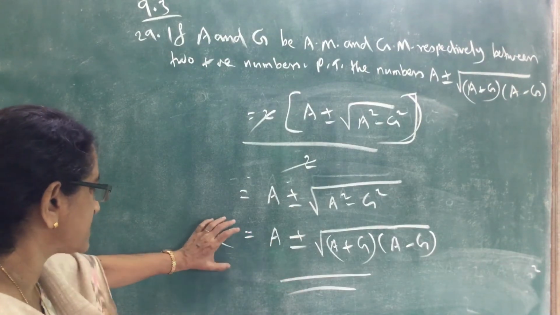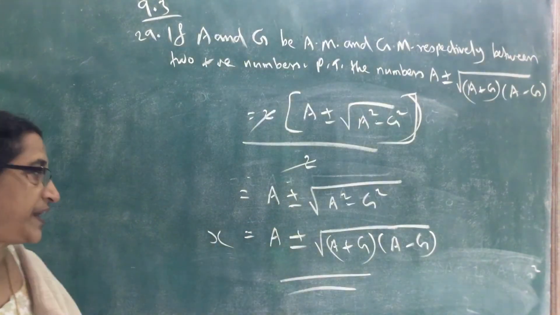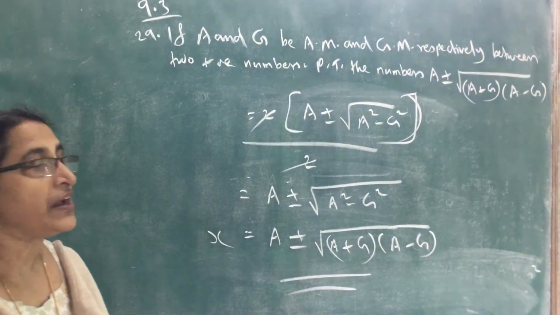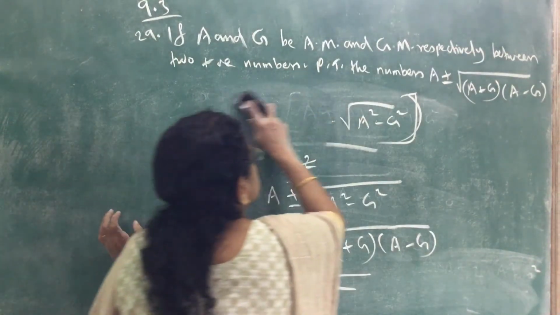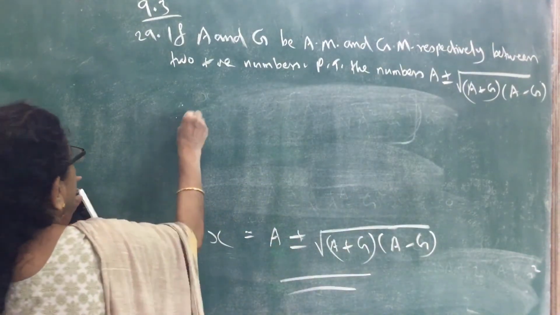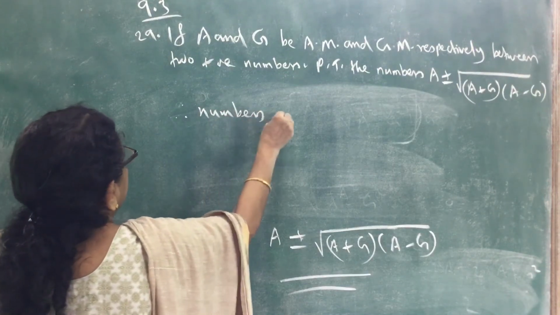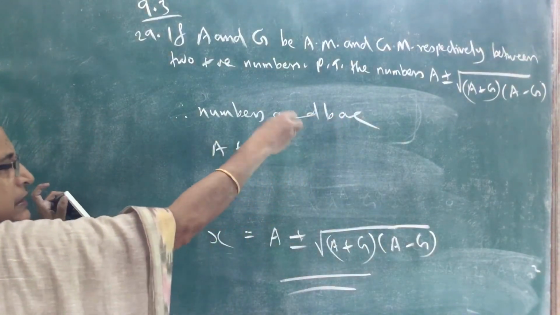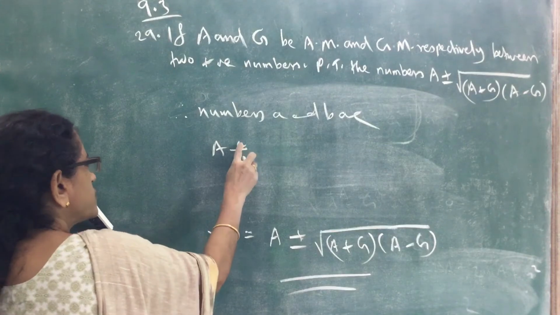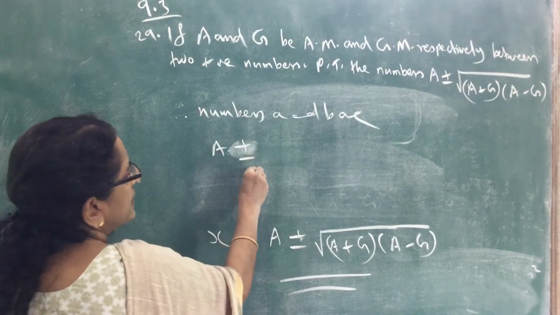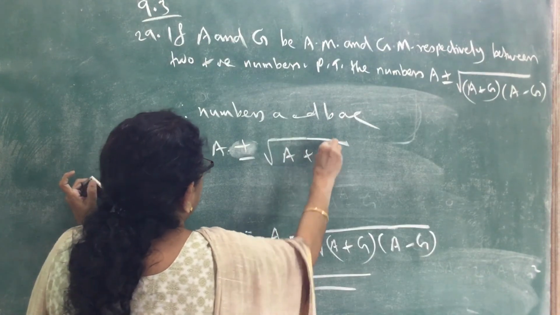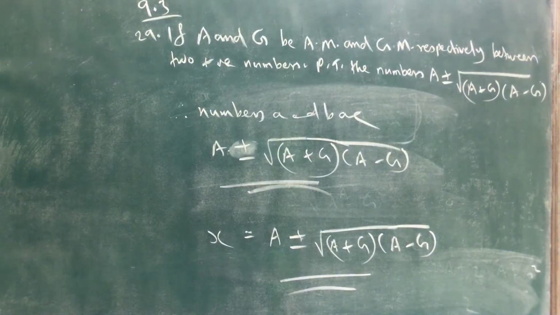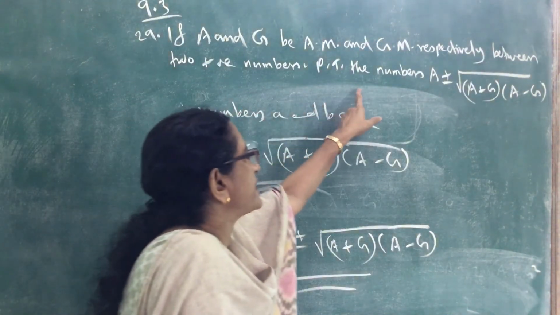So one number is A plus root and the other number is A minus root. Therefore the numbers a and b are A plus or minus root of (A plus G) into (A minus G). In the question also it is given together. So that is the answer. Prove that the numbers are that.